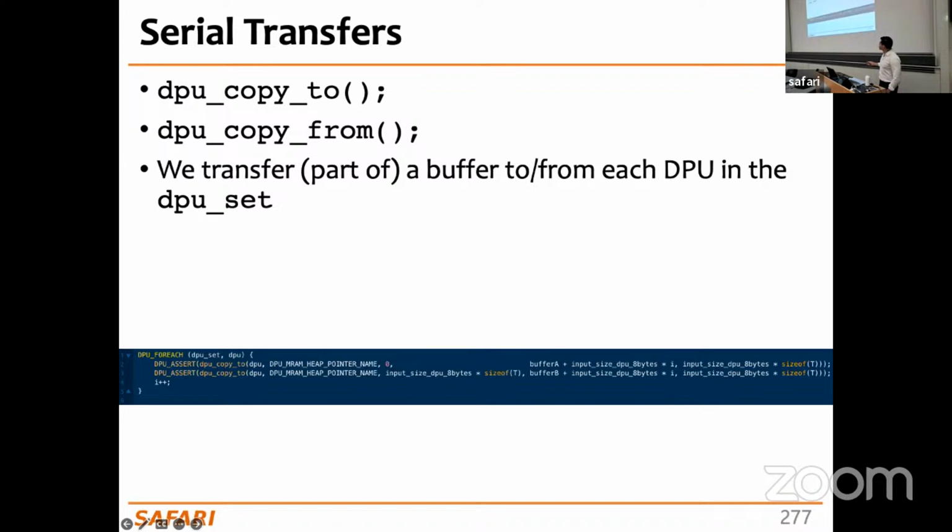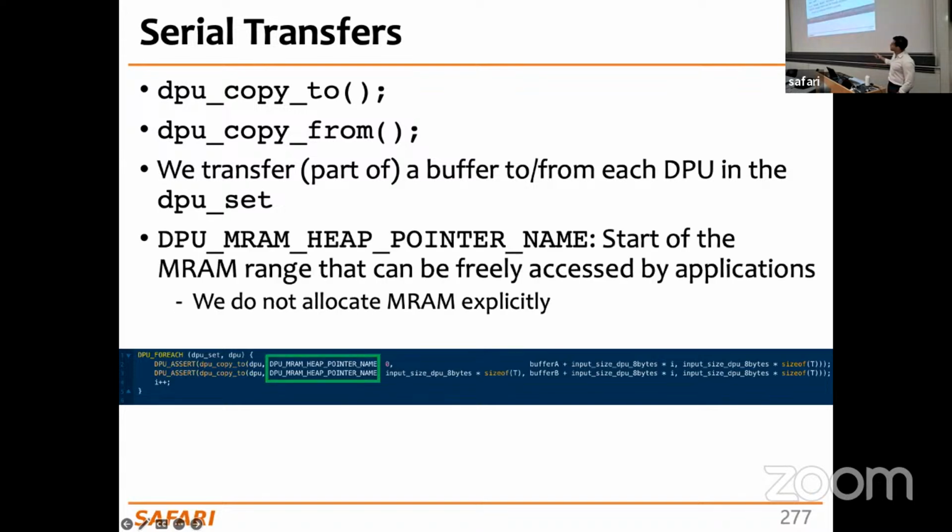So for you to transfer, you need the DPU set. So here's the syntax again. For each DPU in the DPU set, you do a data copy to that given DPU, put a pointer in the heap space of the MRAM. This is the DRAM that you have.